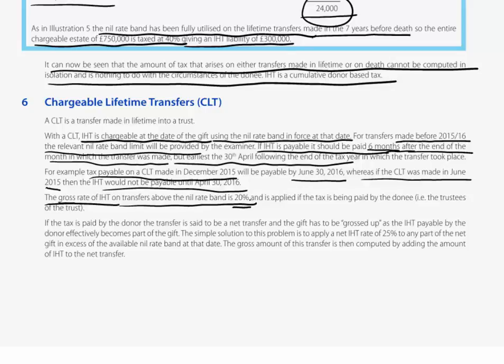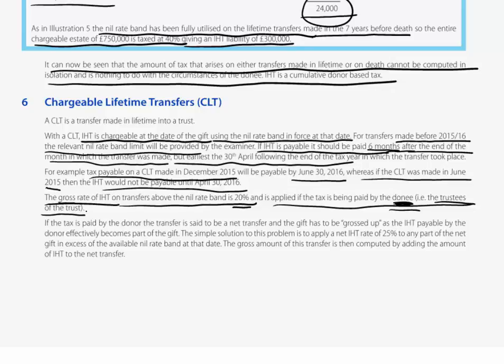And the gross rate of that tax charge is 20% and is applied if the tax is being paid by the donee. Now, the donee in relation to a trust will be the trustees of the trust. It's not their money.